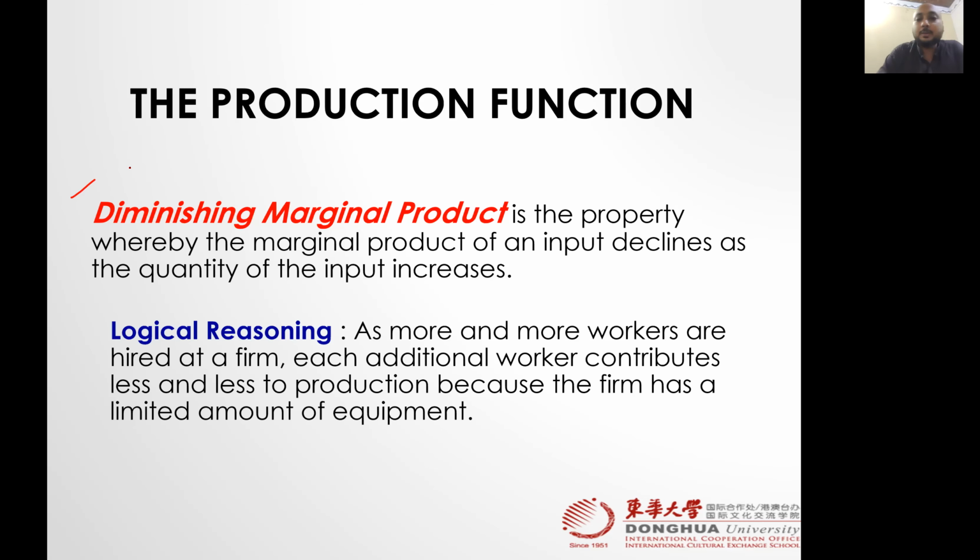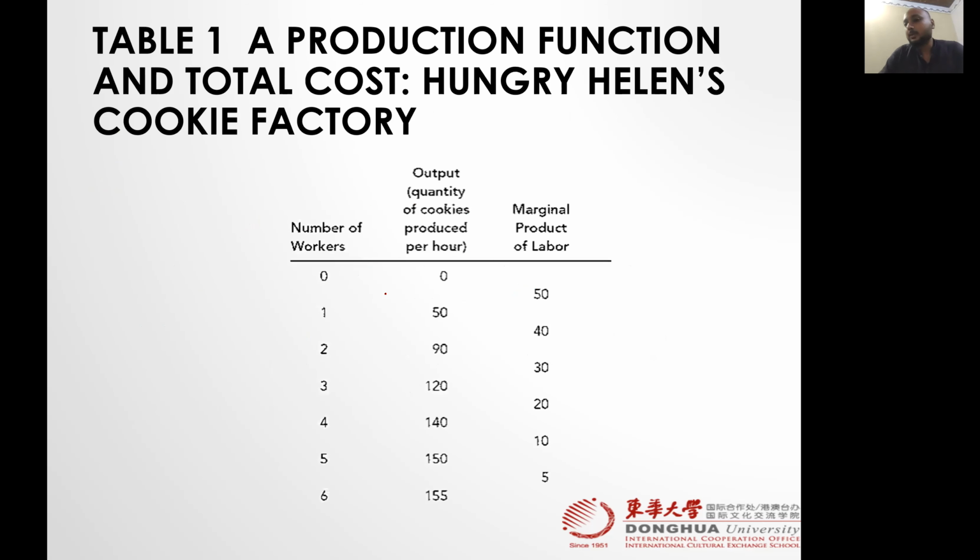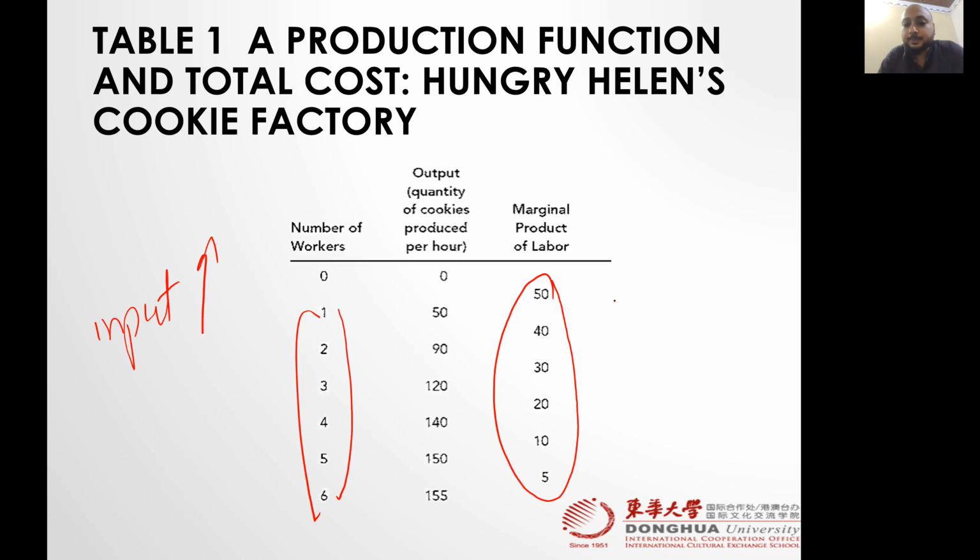So diminishing marginal product is a property by which the marginal product of an input declines as the quantity of input increases. Here we go. You notice something which I just mentioned over there. When you employ more workers, which means input increasing, it causes marginal product to decrease.